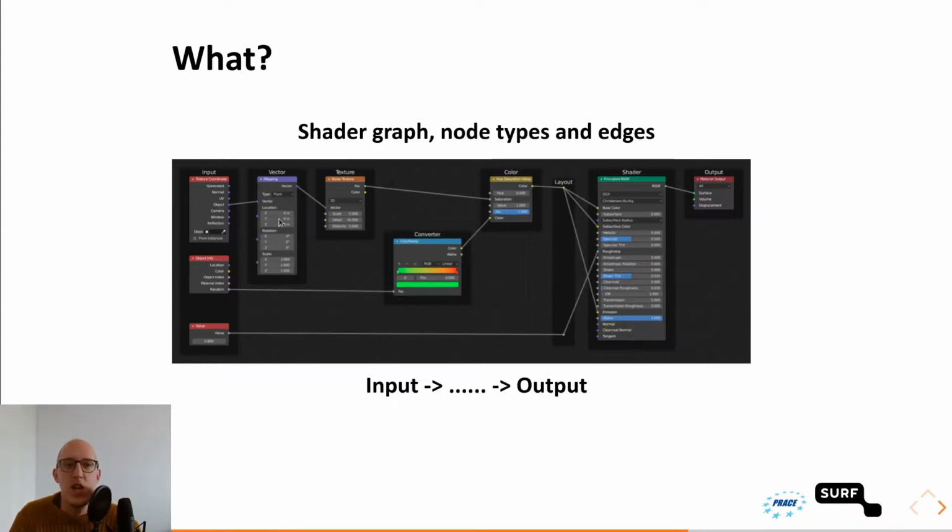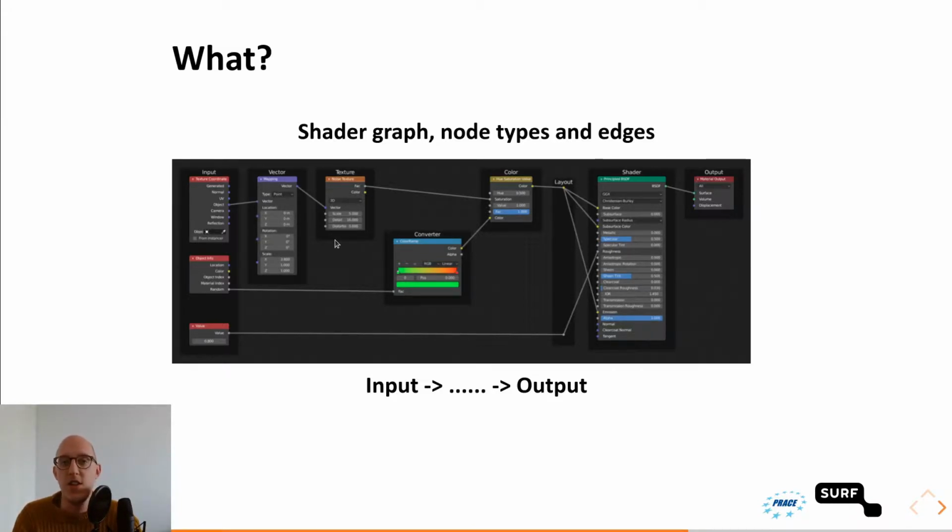So if you want to change, for example, your texture mapping, you want to scale up the size of your texture on how it looks on your object, you can use the scale for that. Or you want to rotate your texture, or you want to change the position of your texture, you can do that as well with this node.